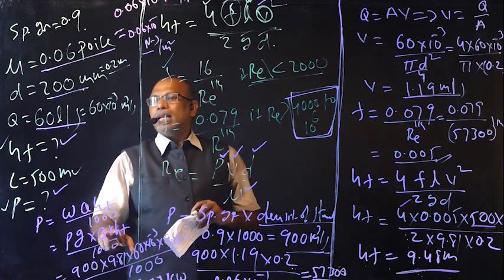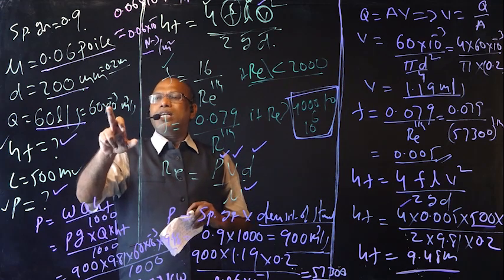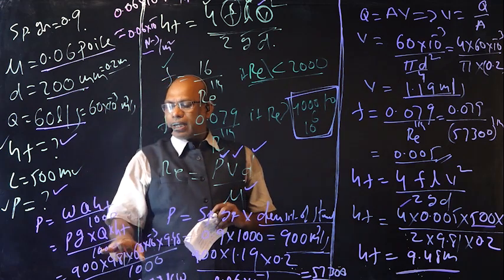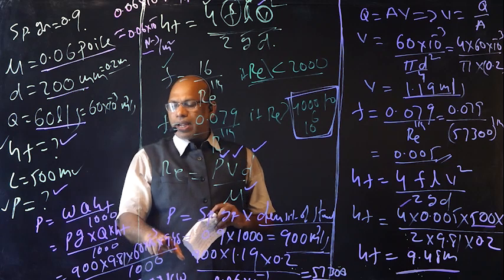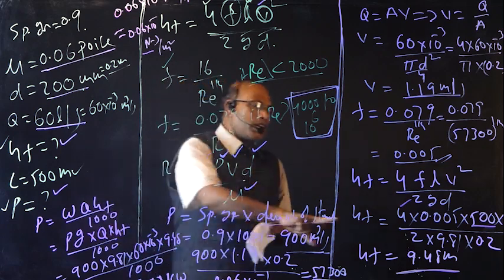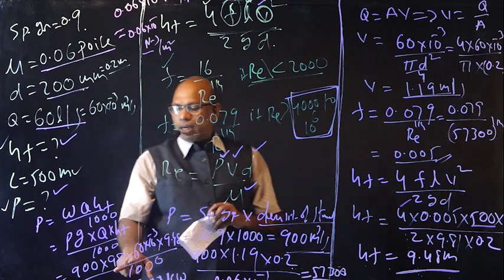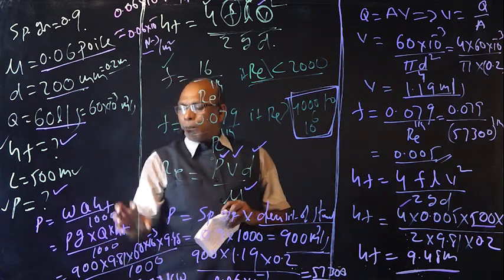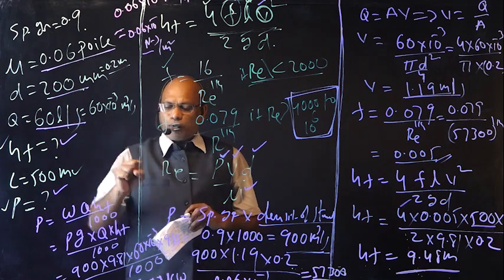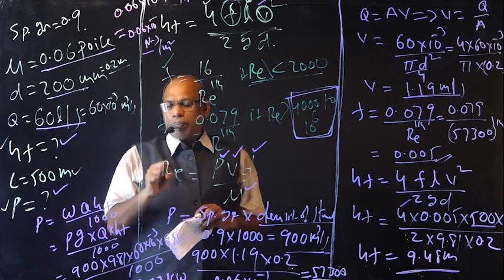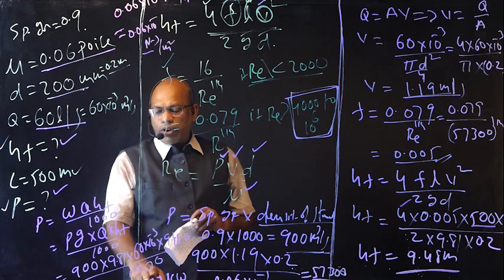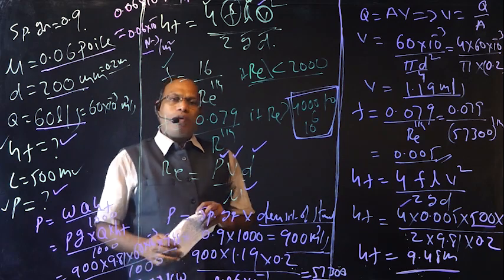Q is given in the problem, 60 into 10 power minus 3 meter cube per second, into HF, head loss due to friction, already we have determined here, that is equal to 9.48 meters. Divided by 1000, we have the power required to maintain the flow. Power required to maintain the flow is equal to 5.02 kilowatts.